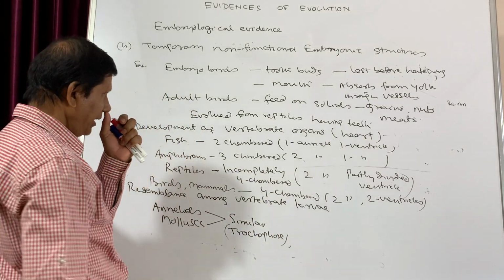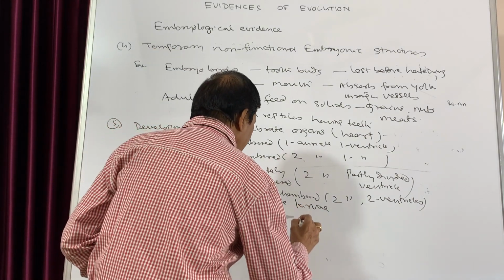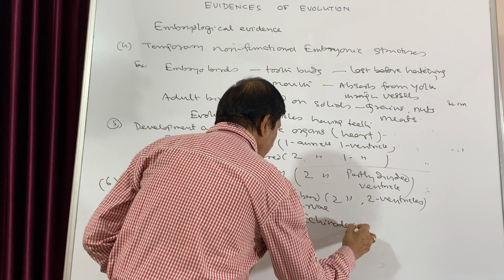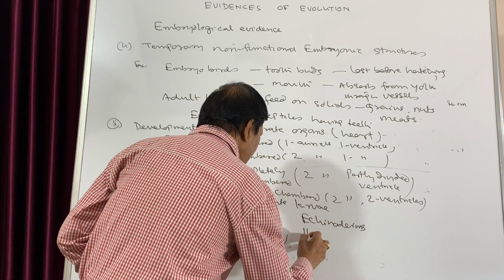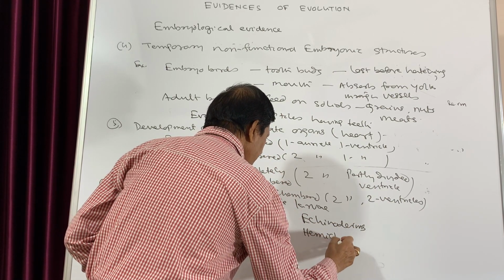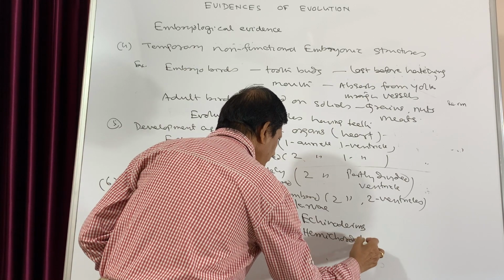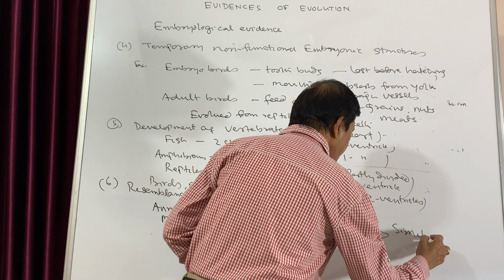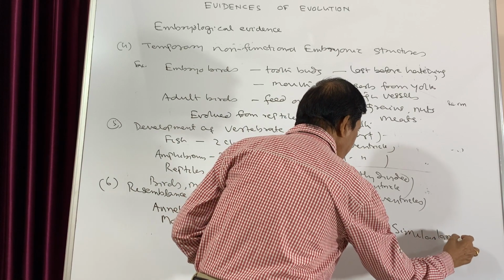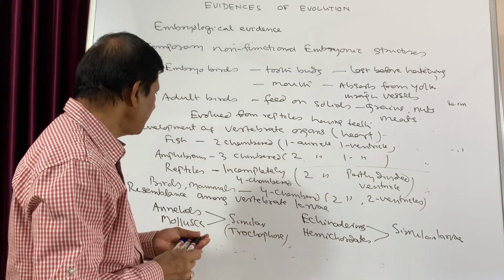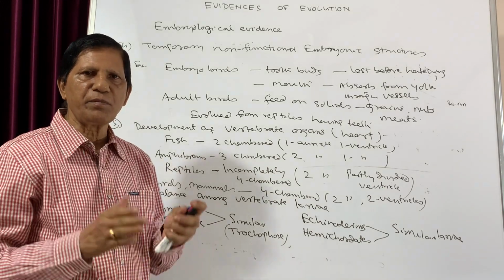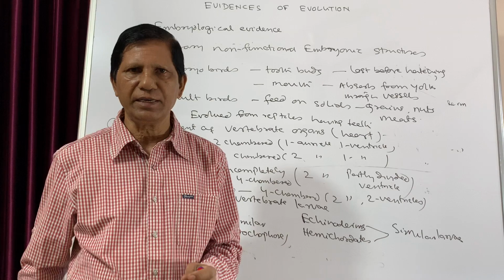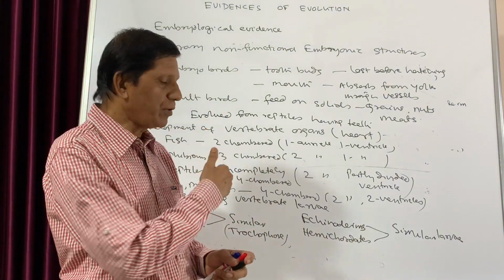Similarly, in echinoderms and hemichordates, the larvae are also similar. So these are the different evidences from embryology to prove how evolution has taken place. So this is about the embryological evidence.